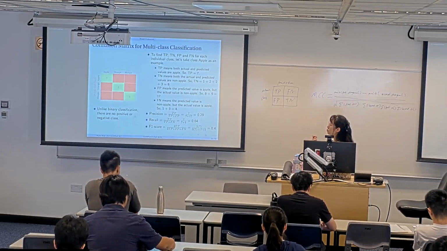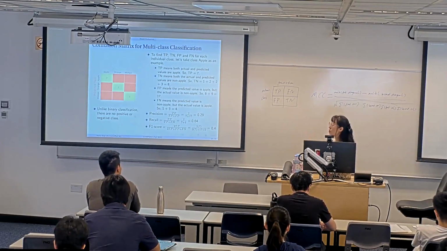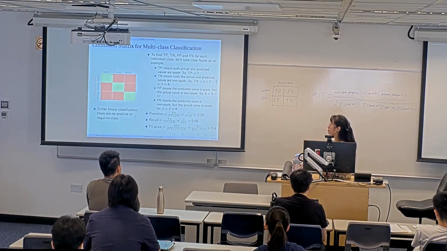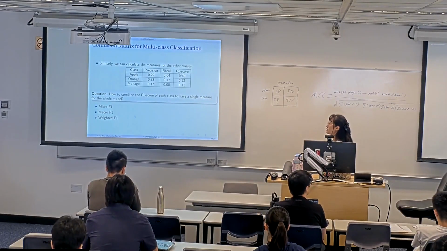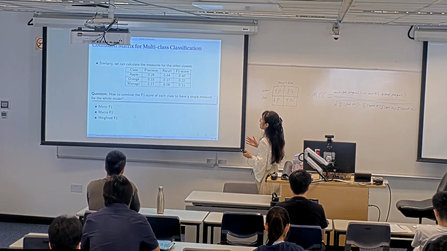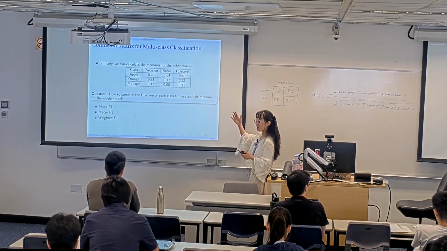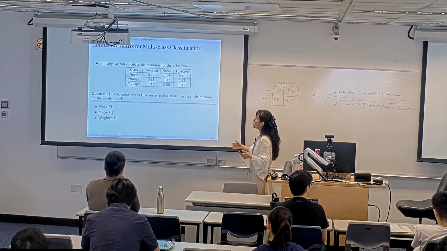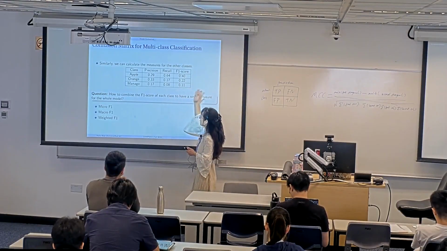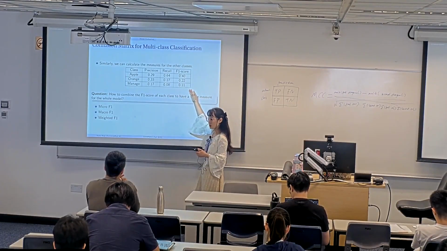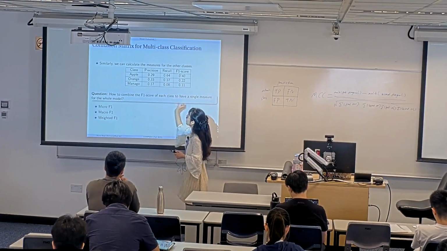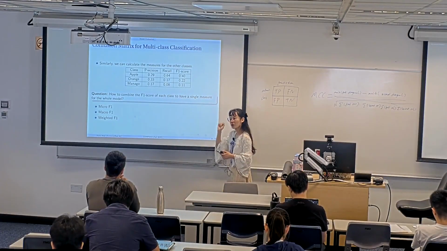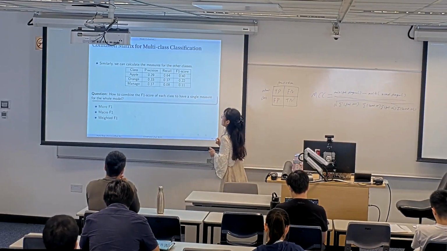So we need to also consider orange and mango. We just calculate the measures for all other classes. After you get all of these 4 values, you can compute precision, recall, and F1 score for orange and mango. And then we can summarize all of the evaluation metrics of each single class in such a table.